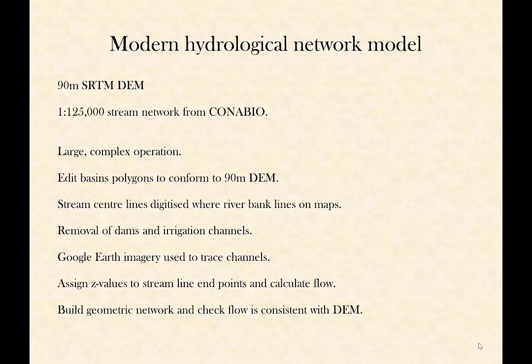from the Google imagery. And then once I got a rough model, I've got basically a network of lines, but I need to now get the flow on the lines. So I need to know how high the ends of each line are. So I get the elevation of the ends of the lines from the digital terrain model.